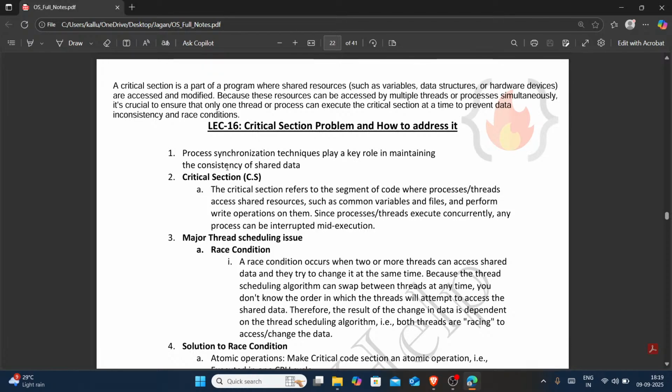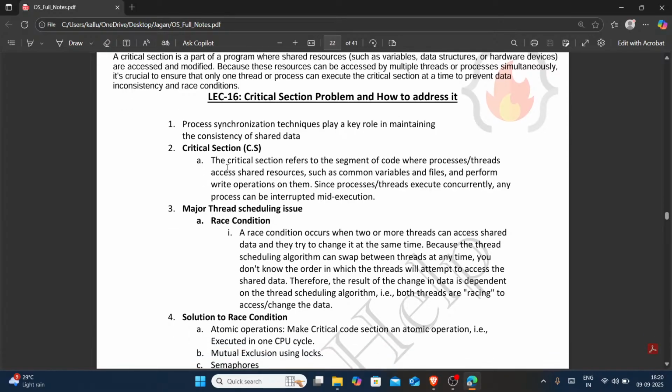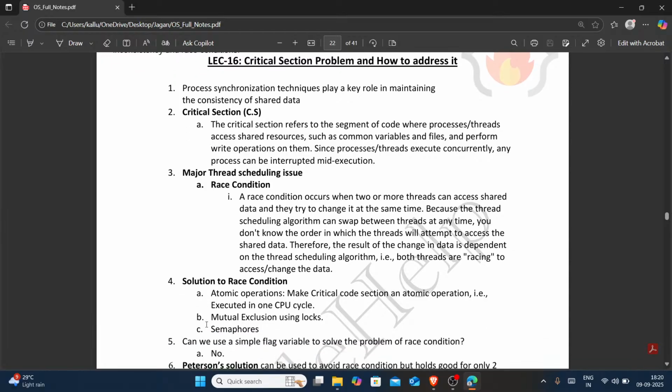Between execution, the CPU may start executing another thread. If not managed properly, this may lead to inconsistencies in shared data. This is a major thread scheduling issue. Now comes the race condition. A race condition occurs when two or more threads can access shared data and they try to change it at the same time. Read operations are okay.